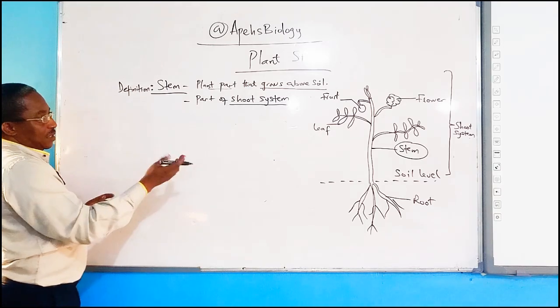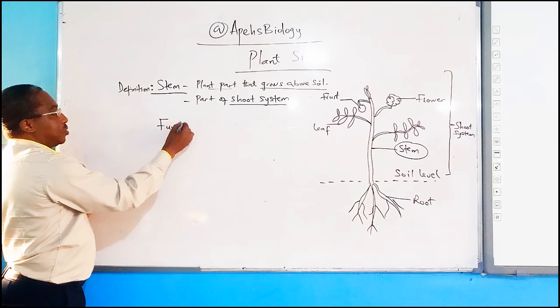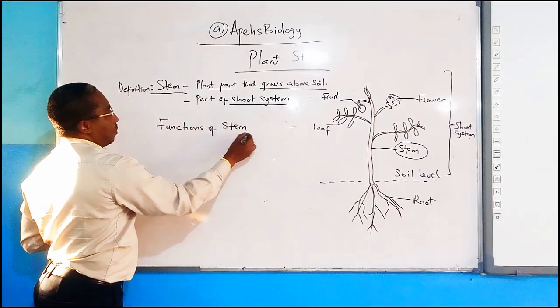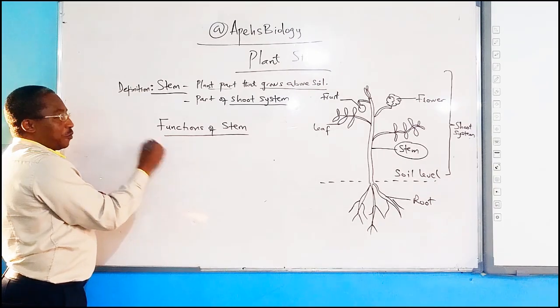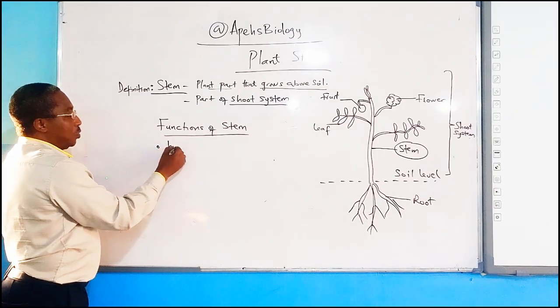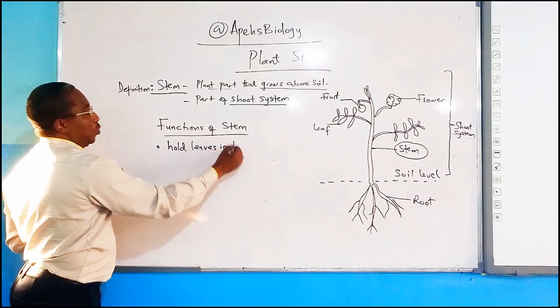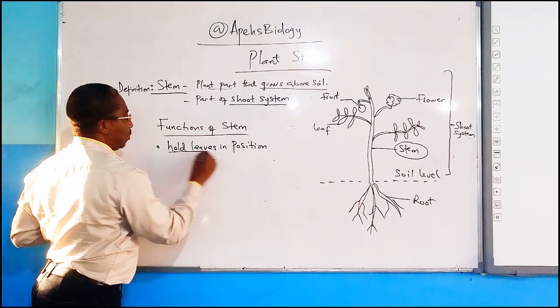Now, when you look at the stem, it's very easy from here to go straight to the functions of the stem. You don't need to be told. It's very easy. From that, you can see one of the functions is that it holds the leaves in position.